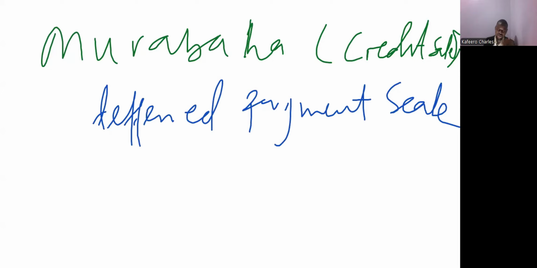As long as they give you the goods on credit and you are going to pay later, that's murabaha, and it is mostly used in purchase of goods for immediate delivery on deferred payment basis. So in other words, you buy the goods, they give you the goods, but you don't pay the money there and then.